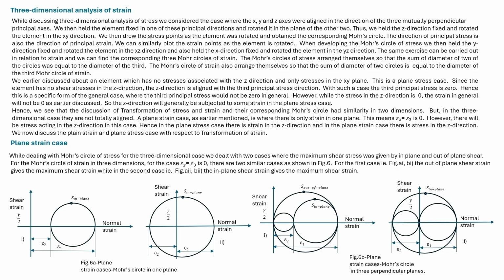So while 2-dimensional analysis of stress and strain are quite similar, 3-dimensional analysis of stress and strain are not totally aligned. The plane stress case has a principal strain in the third direction, and a plane strain case has a principal stress in the third direction.